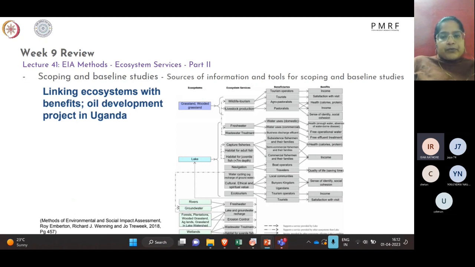And then you can of course look up that different ecosystems have different types of benefits. So for example, grassland or wooded grassland is associated with wildlife tourism and livestock production. Communities can also depend on fresh water and wastewater treatment and things like that. And then you can look up beneficiaries.